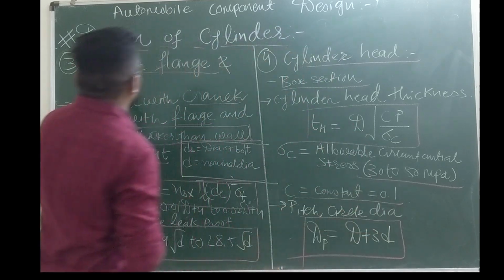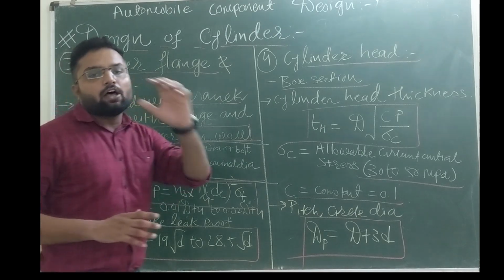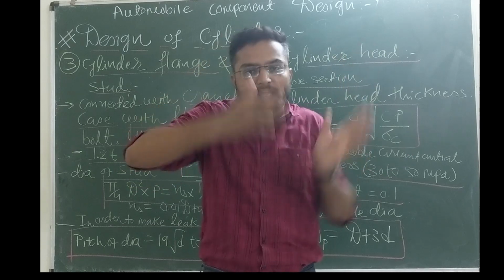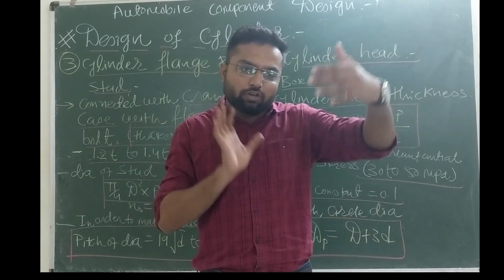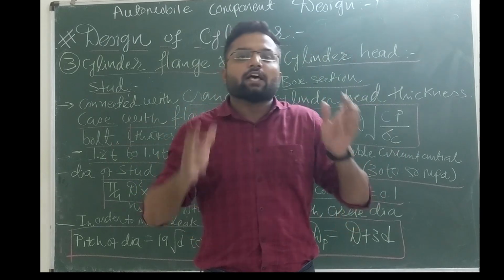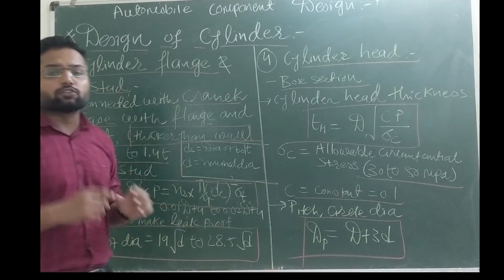In the case of flange and stud, this flange is provided to connect our cylinder head with the crankcase. Our cylinder head is placed over our crankcase, which contains the crankshaft. So our cylinder head is connected to our crankcase through the flange and stud. Clear?